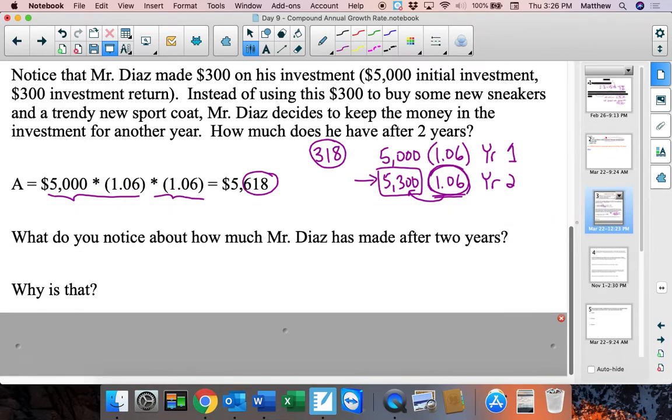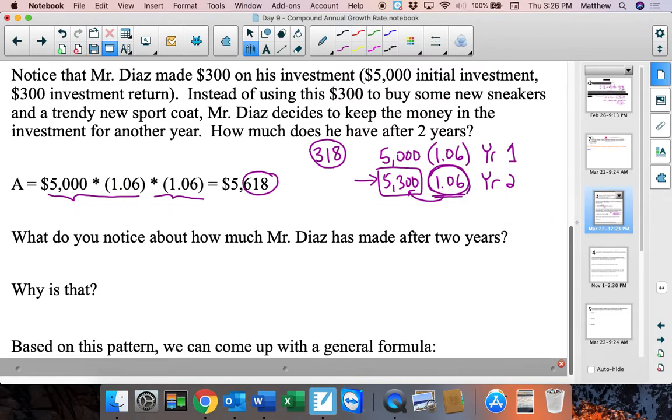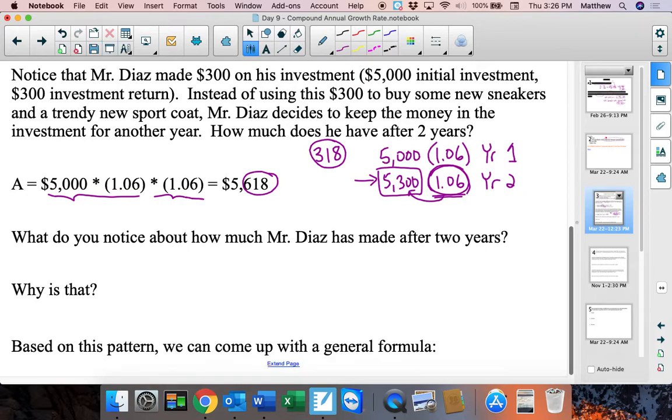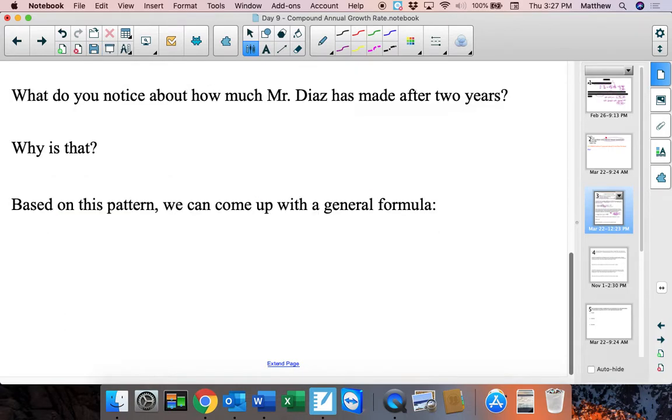Okay? And then we come up with a general formula, and this is what you're going to want to have in your notes. The amount of an investment, A, equals our principal, what we start with, times 1 plus the investment return, all raised to the t power.